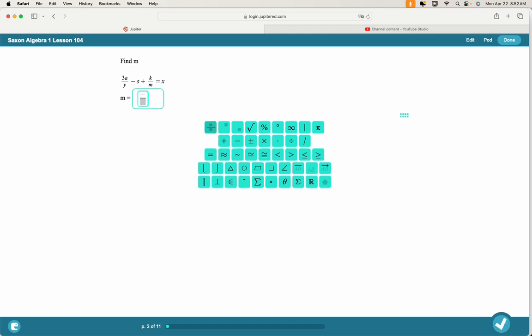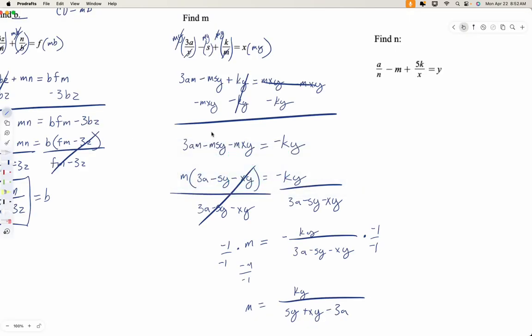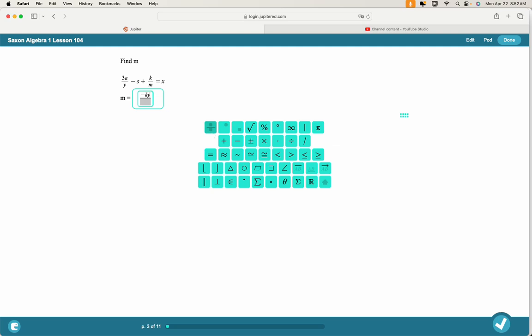Minus KY over 3a minus SY minus XY. That should help. So now it should mark it right, and it is right. You don't have to reformat it.